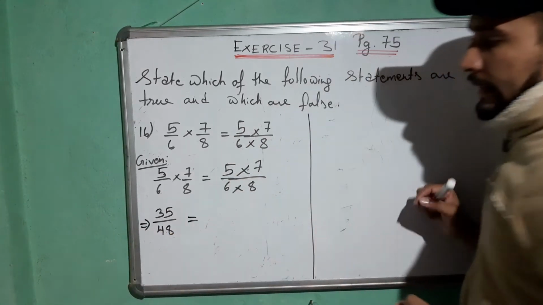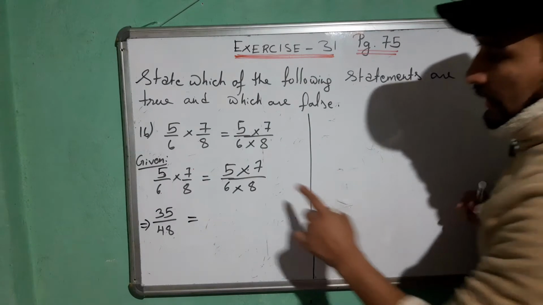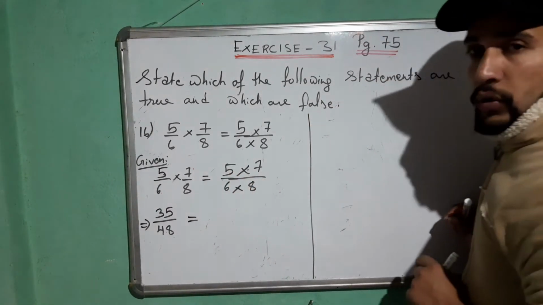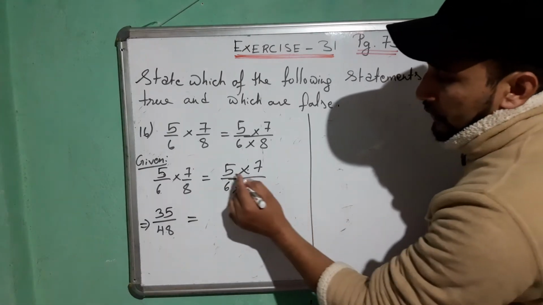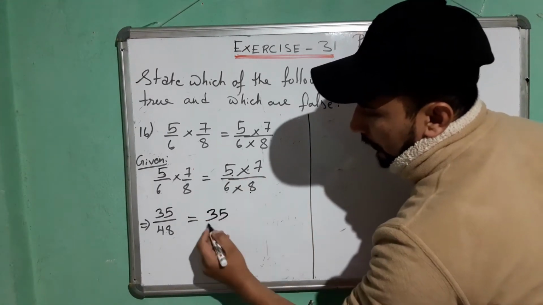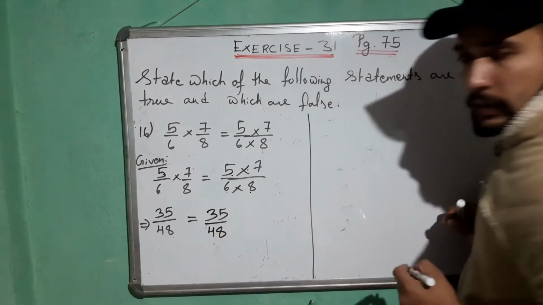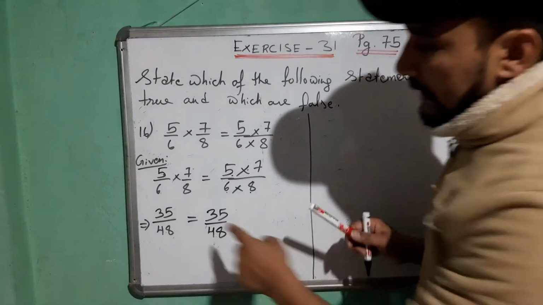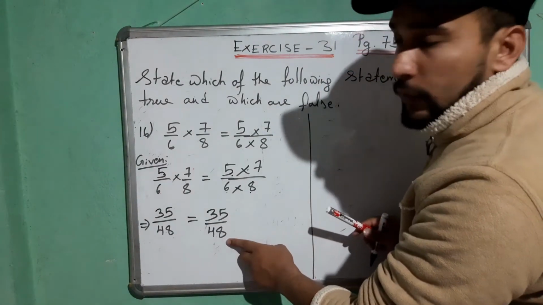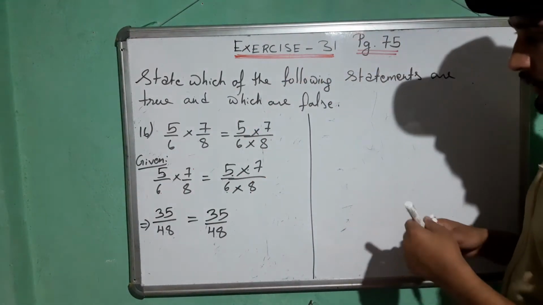On the right hand side, numerator and denominator have no common factors, so you cannot cancel, simply you multiply: 5 7s are 35, 6 8s are 48. So you got the same thing on the left hand side and right hand side, 35 by 48. Therefore the given statement is true.